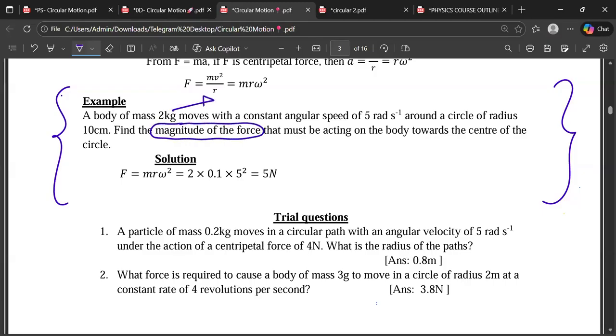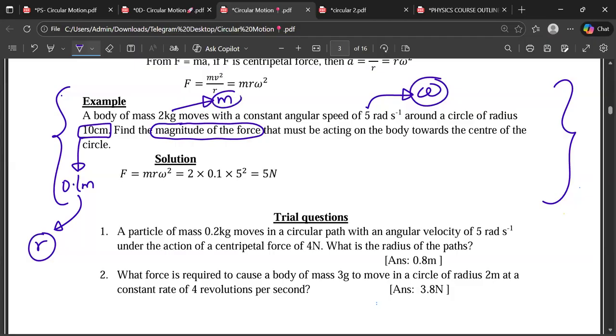So you need to understand that the 2 kilograms was our mass, already in kilograms. The angular speed was in rads per second; we had the omega. Then the radius, we had it as 10 centimeters, which we are supposed to convert to 0.1 meters. So we have R, we have omega, we have M. That means you do your side work and realize that it is this formula that will work.